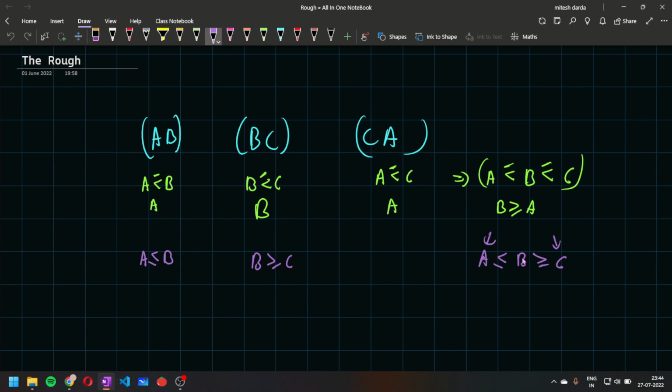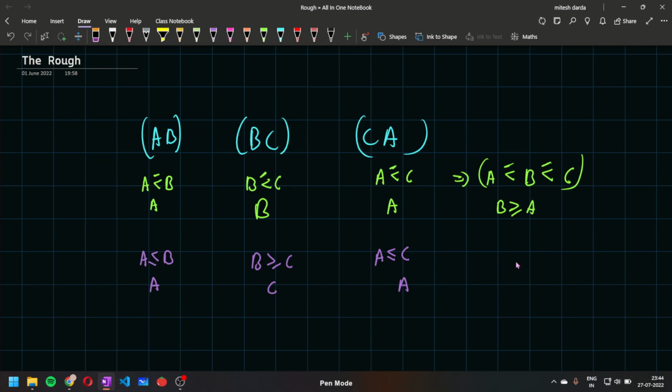So let's say that A is equal for now. So here we are going to have A, here we are going to have C, and here we are going to have A. So that means that A is basically less than or equals to C.